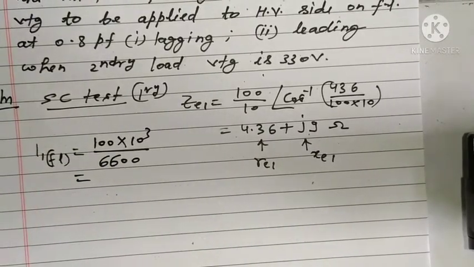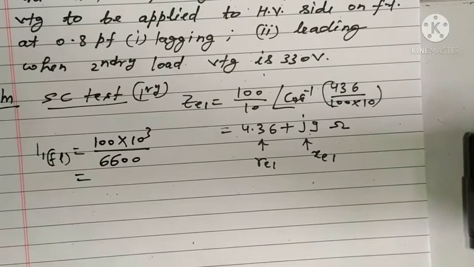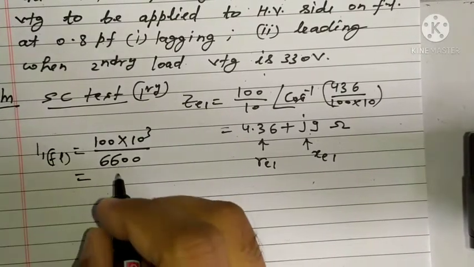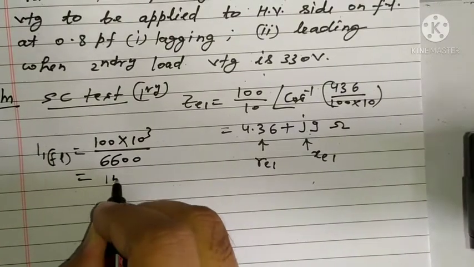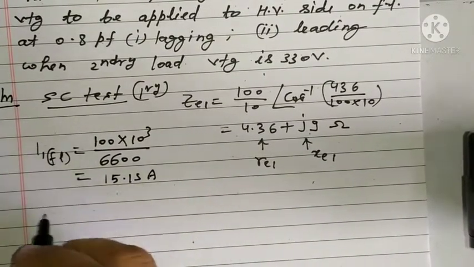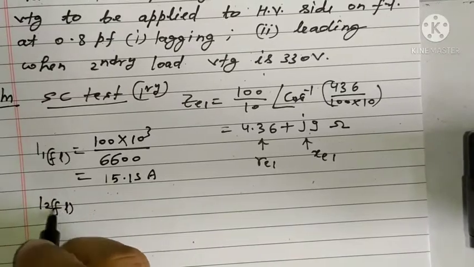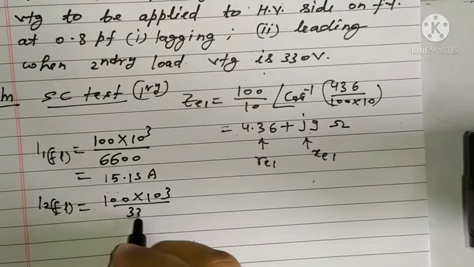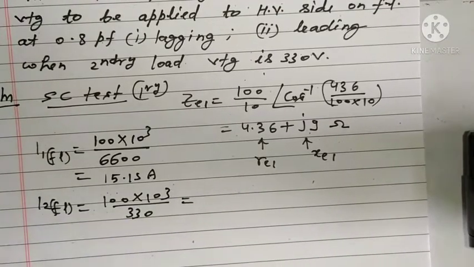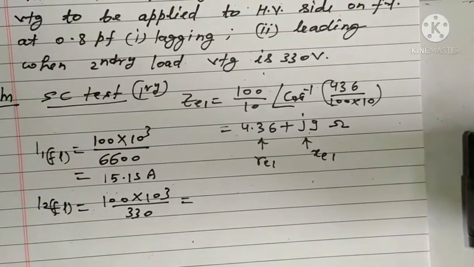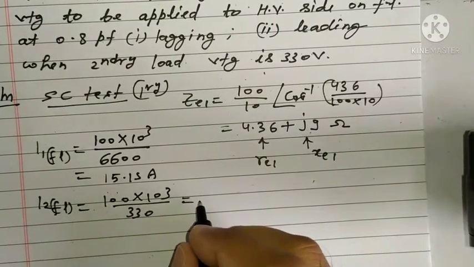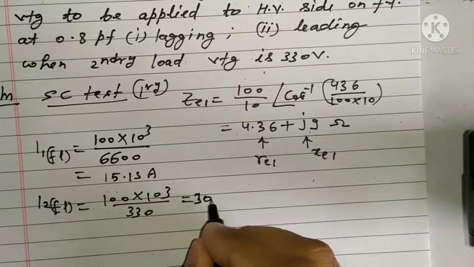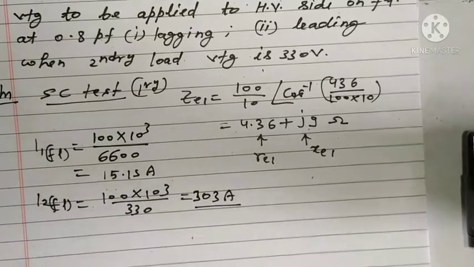So it comes as 15.15 ampere, and secondary full load current is again, voltage is 330, so it comes as 303 ampere.